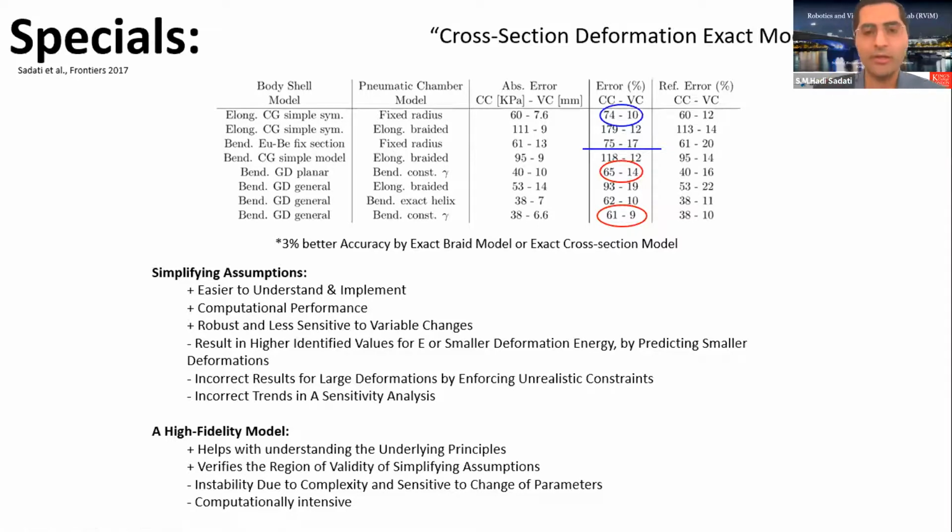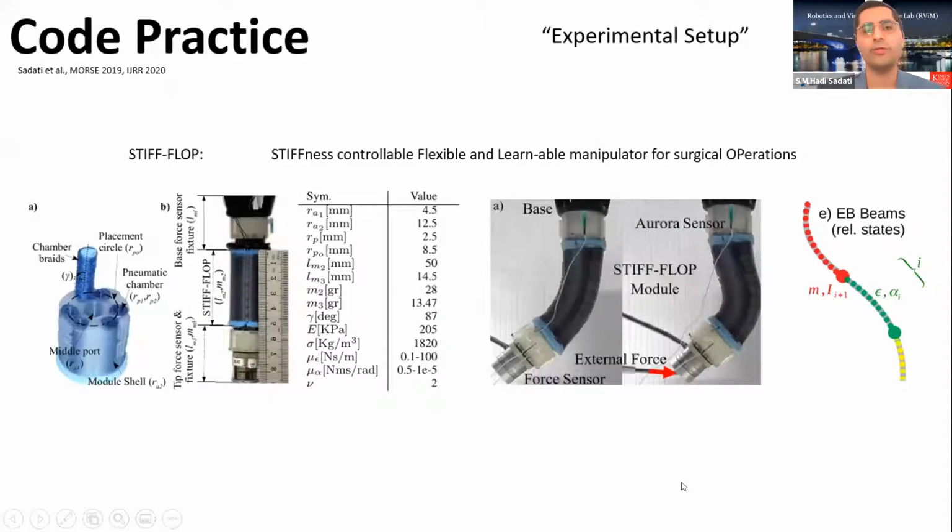Okay, that's a bit on the theory. I want to jump into the software implementation itself. In our experimental setup, what we are going to model is the stiff lob.